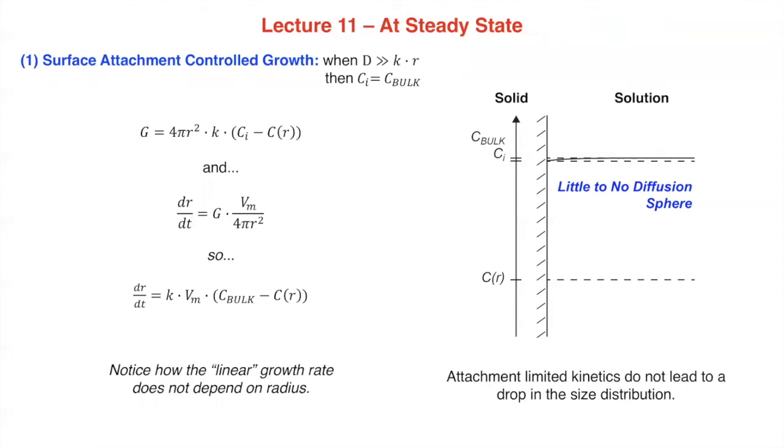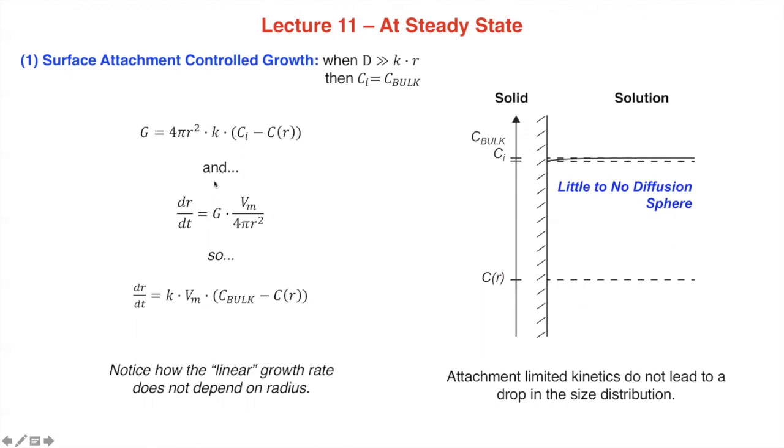There's no depletion because monomers can diffuse as fast as they need to, and really the problem is their attachment. So you don't get any depletion of monomers near the particle surface, and as a result, these diffusion issues are unimportant. Okay, so under those conditions, as we've said, this is really about how much solute is present over the solubility of the crystal. That's the concentration available for growth times the area and the growth rate constant.